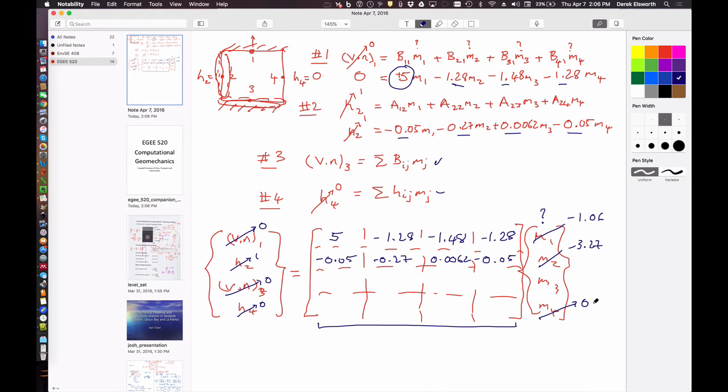This is 0.35, and this is also minus 1.06.